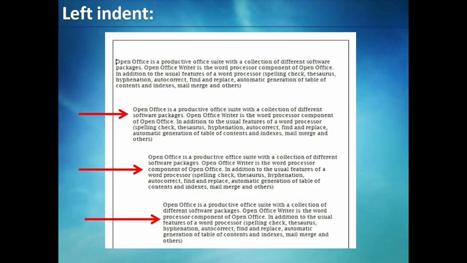So we can apply left indent either by clicking the icon from the toolbar or by using the paragraph dialog box. In the paragraph dialog box we have to enter 1.5 inches to move the paragraph 1.5 inch from the left margin. For that we use the before text option.